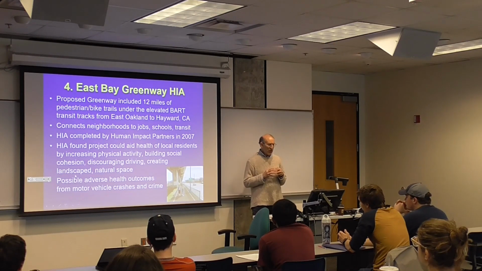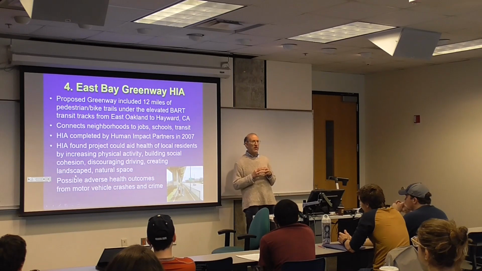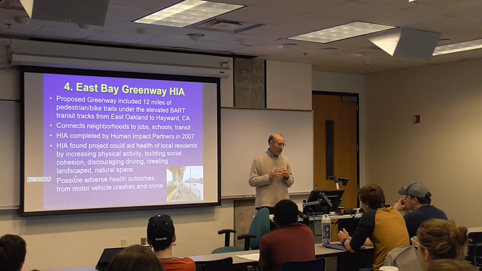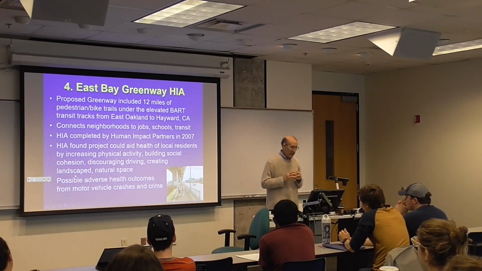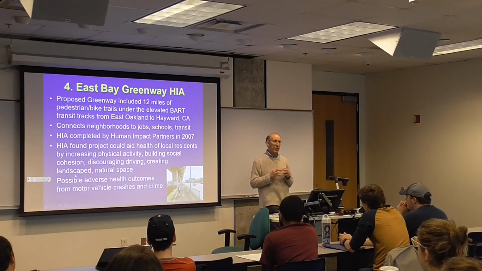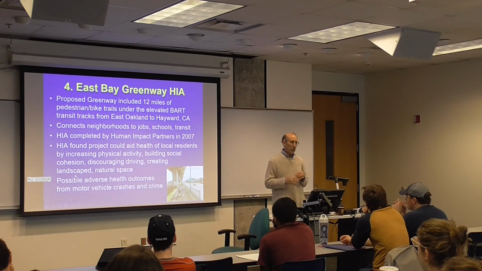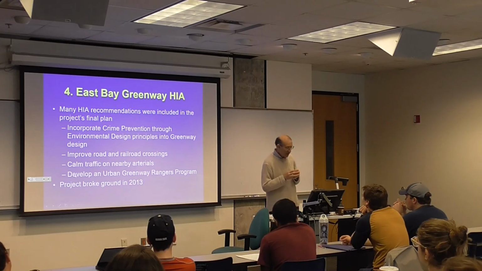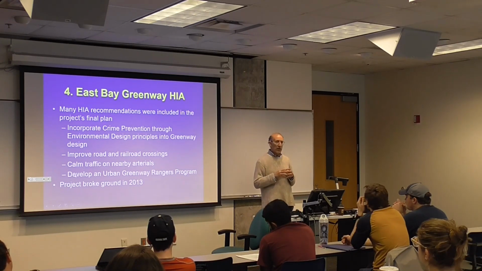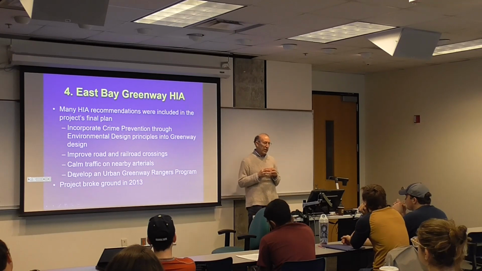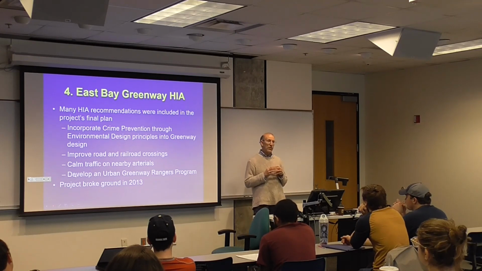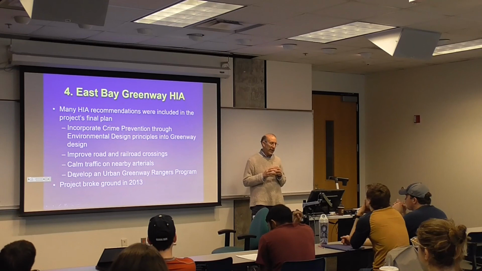Again, you expect a lot of positive things out of putting in trails, so they looked at physical activity, social cohesion, and some nice natural space. The two concerns they raised had to do with crime in some of the areas the trail goes through, and safety for motor vehicle crashes with bikes and pedestrians. This was pretty well accepted, so the HIA recommendations did get included in the final plan.